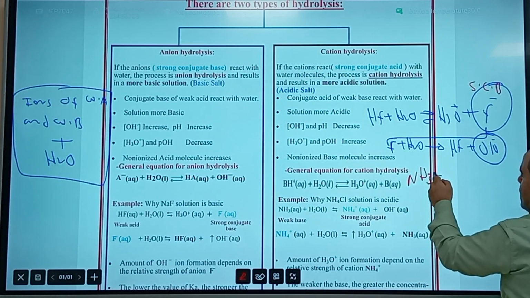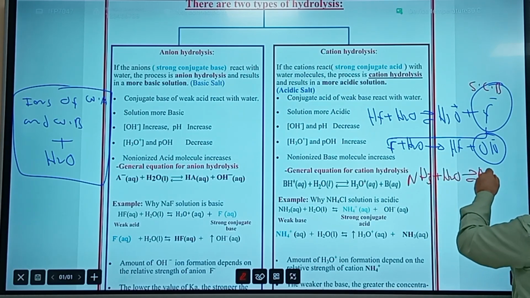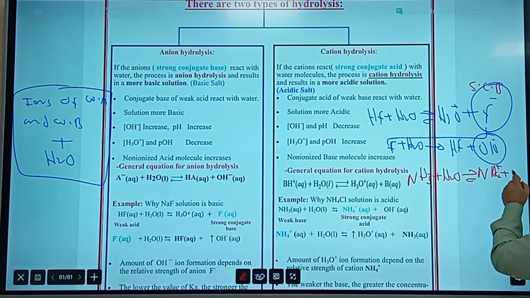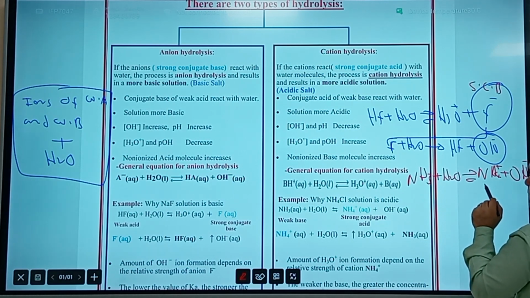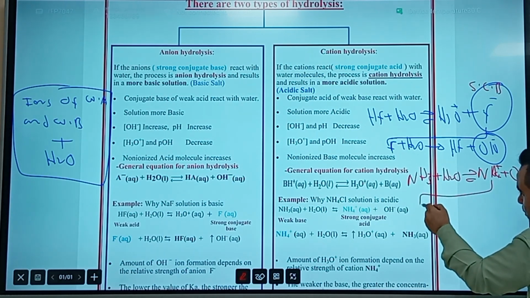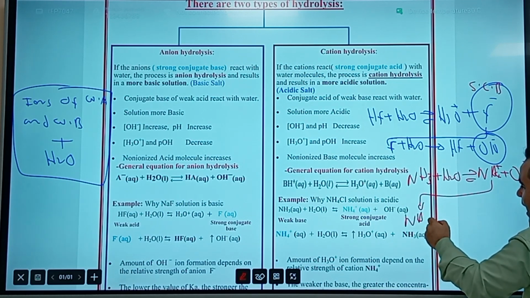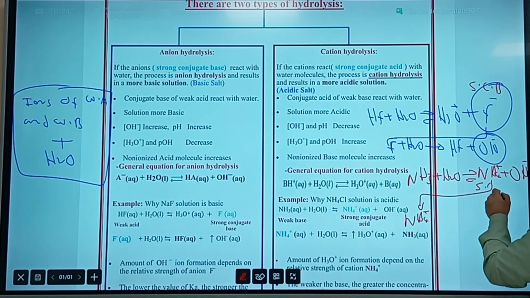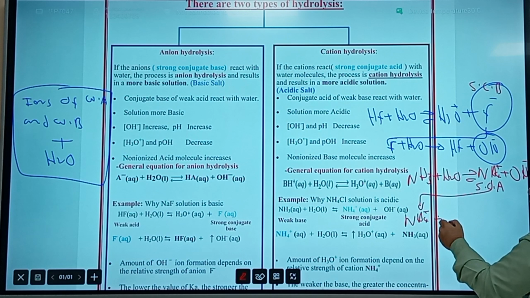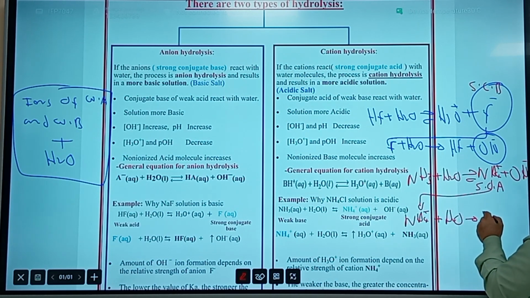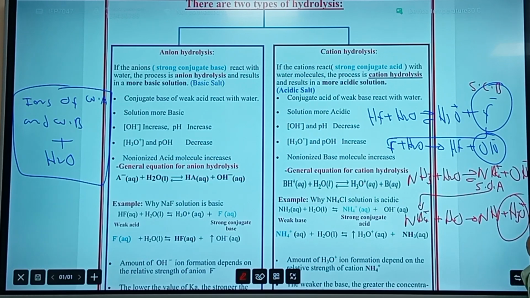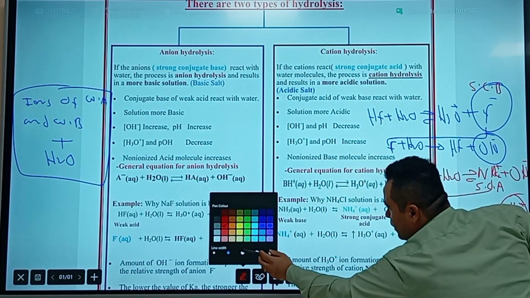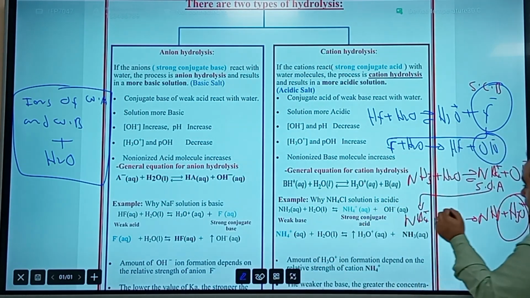For the second, NH3 plus H2O will produce NH4 plus and hydroxide. This ammonium is a strong conjugate acid in this reaction. It reacts with H2O to produce ammonia plus hydronium. So here the hydronium increases, there the hydroxide. We'll be talking about them in detail.